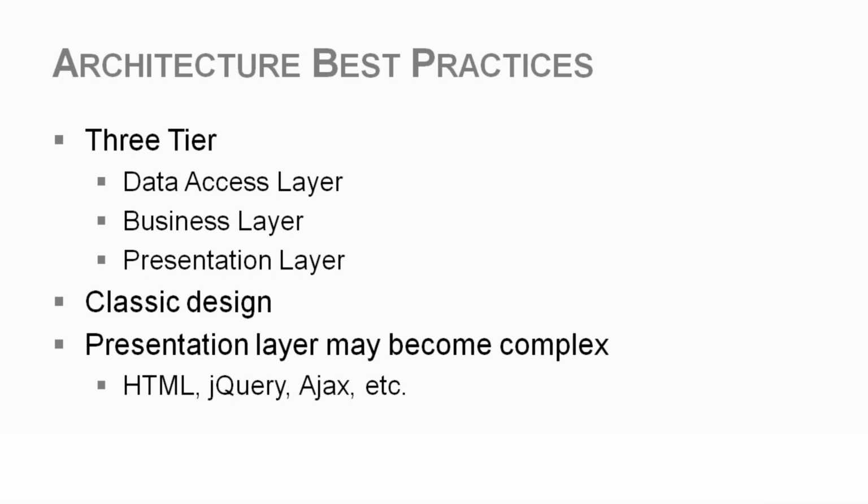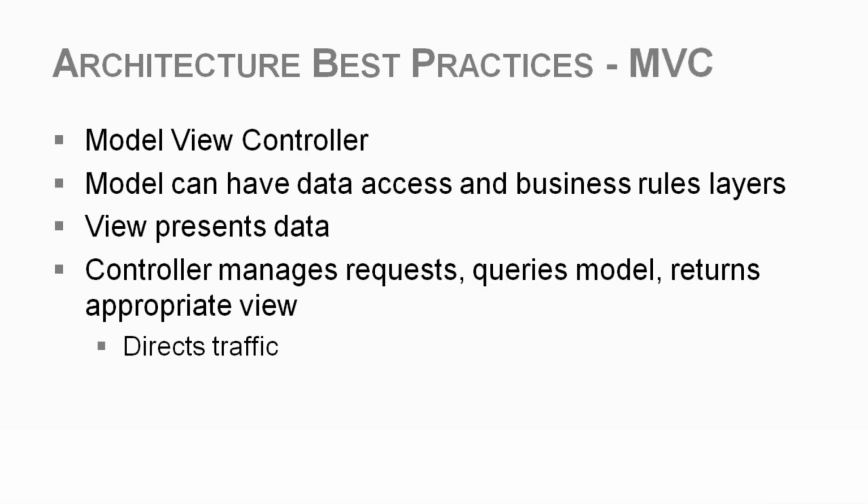So the three-tier architecture has given way to some other patterns that we've already seen one of. And that's the MVC pattern, the Model View Controller. I won't spend a lot of time on that because we already have a number of lessons on that. If you're interested in that and haven't seen those lessons, do go back and take a look at those. In the Model View Controller, the model can comprise data access and business rules layers.